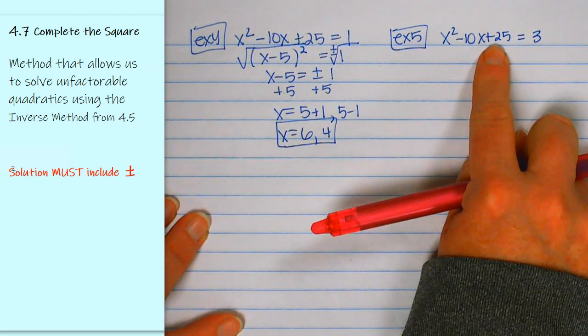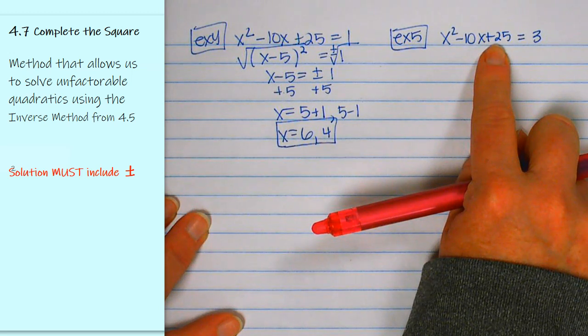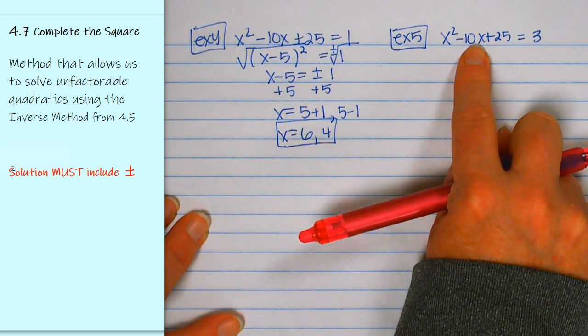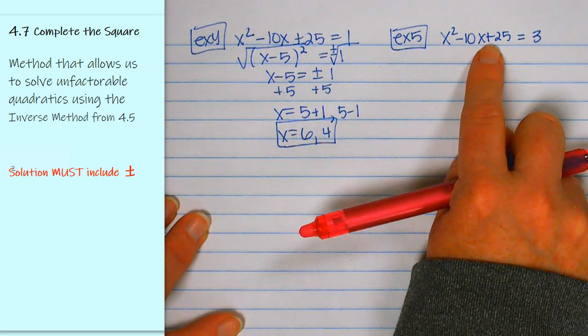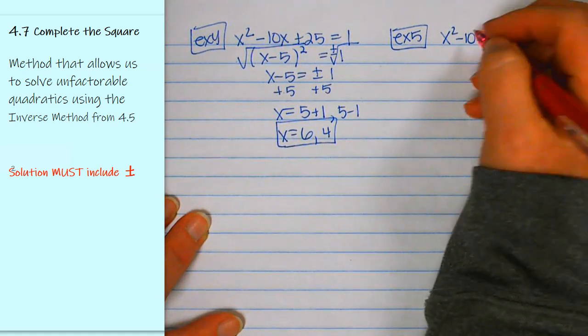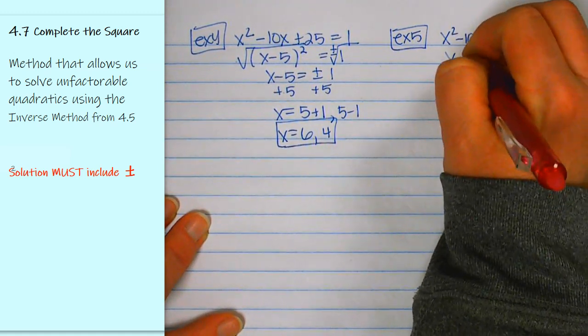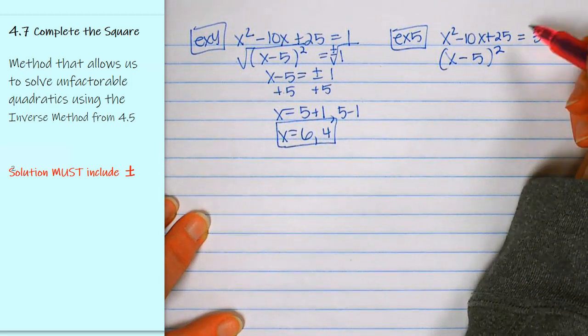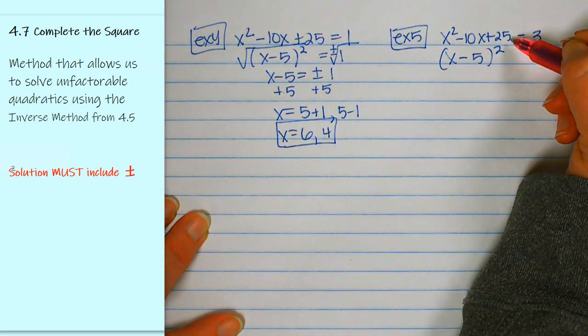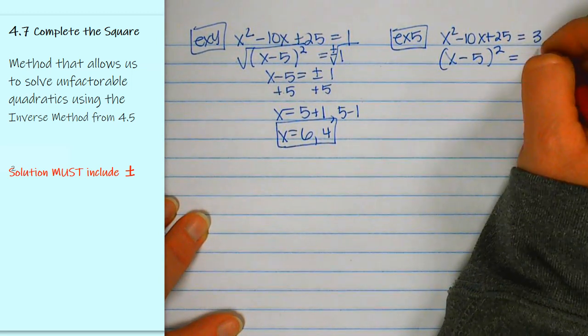If I move the 3 over and got 22 over here, then I'm not going to be able to factor it. Factors of 22 don't add up to be 10 because they're going to be the same sign. So here we go. X minus 5 squared is how you factor the perfect square trinomial equals 3.